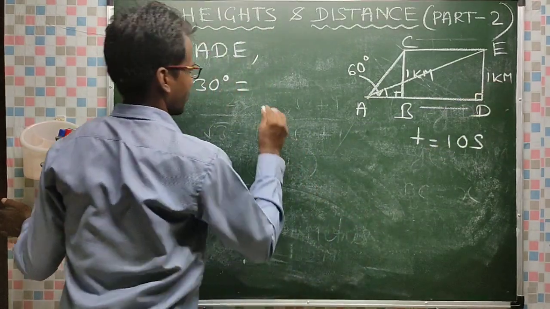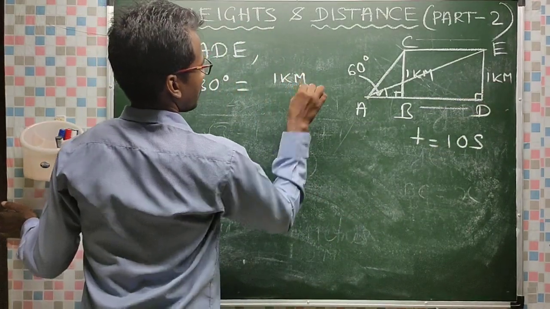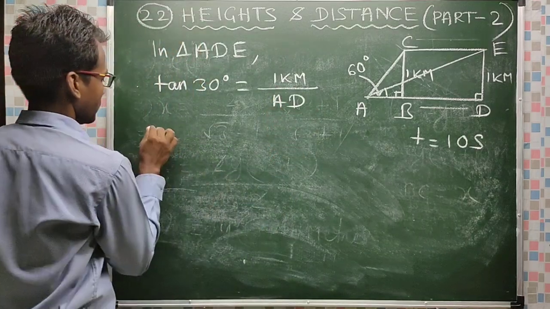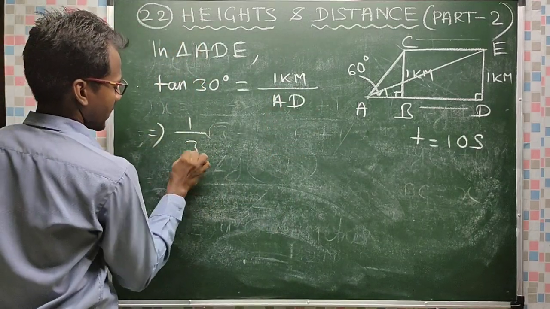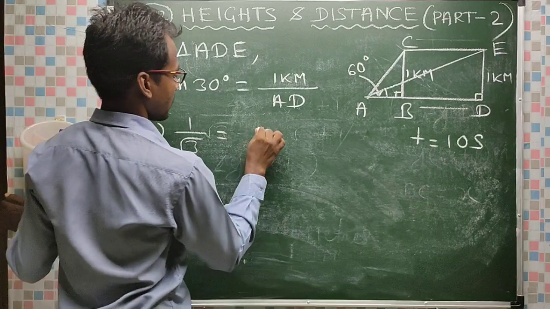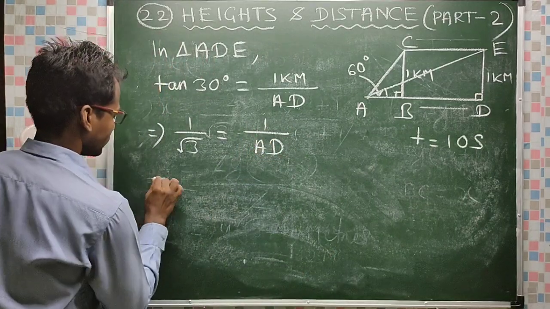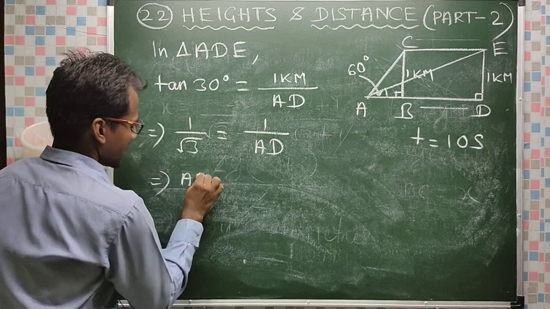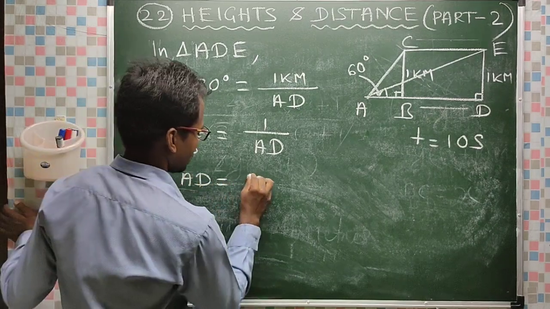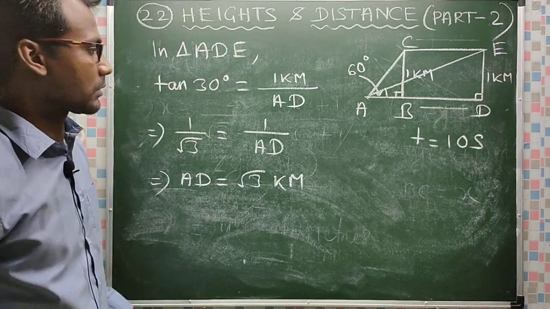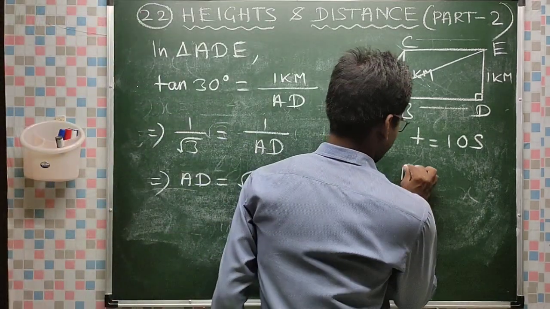Perpendicular is 1 kilometer. 1 kilometer by AD. 1 by root 3 is equal to 1 by AD. So AD is equal to root 3 kilometer. Okay. AD is equal to root 3 kilometer.